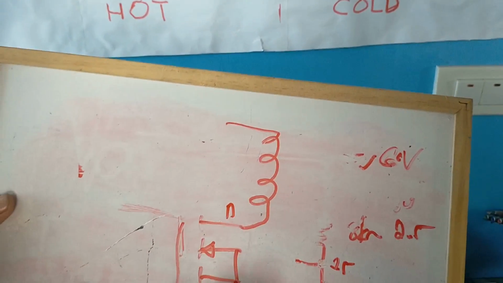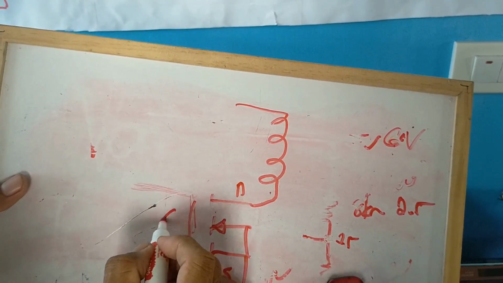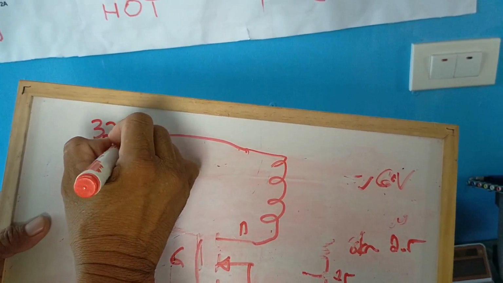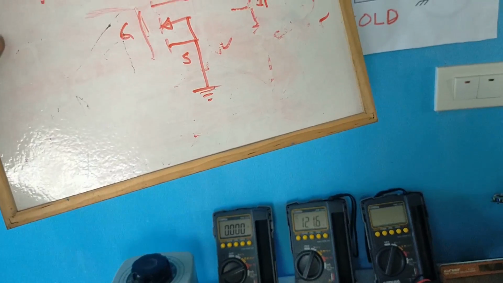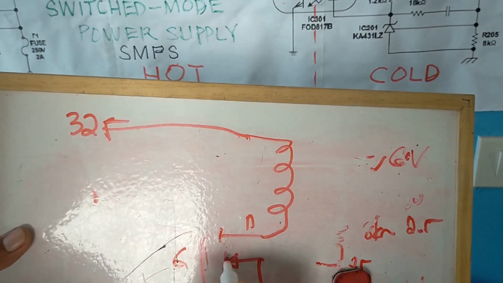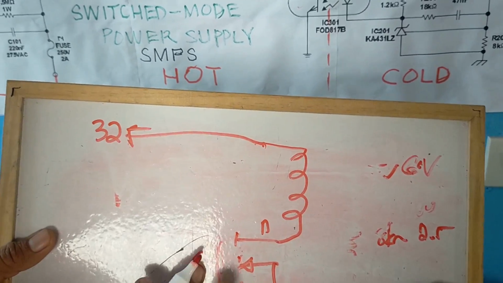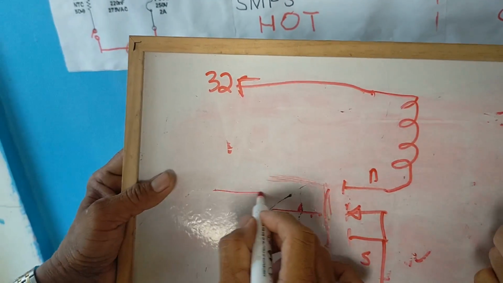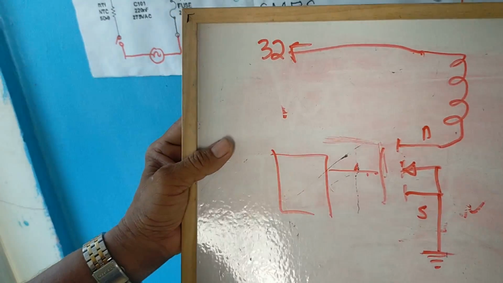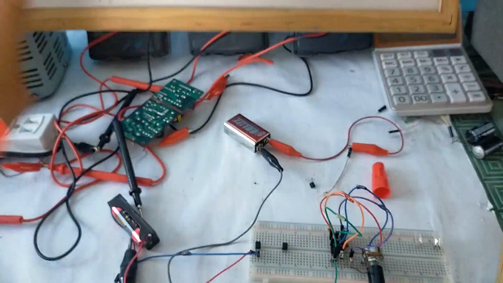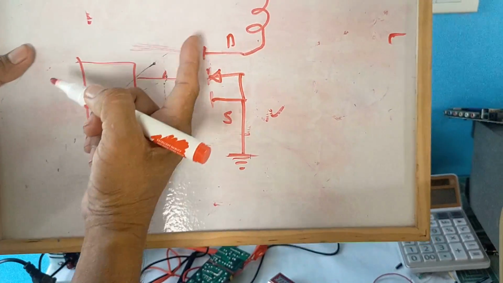We have here the drain, the source, and the gate. The coil here actually is supplied with 225 volts, which will be turned on and off by the switching transistor as mandated by the pulses over here. We can consider this one as the clock pulse generator that is fed to the gate of the switching transistor.